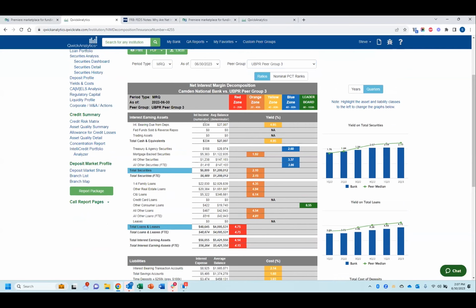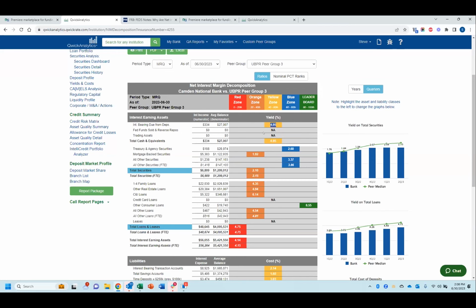The way you get to see your margin being constructed is you see your numerator, your income or expense, your denominator, the average balance of that earning asset or liability, and then the resulting yield, ratio, or cost.